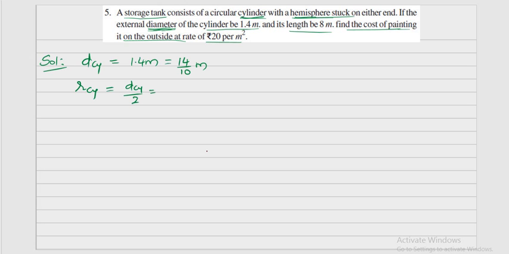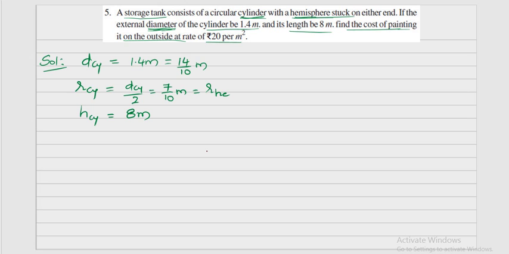So 14 by 10 divided by 2, I am going to get 7 by 10 meters. This radius of cylinder is nothing but the radius of hemisphere also. So radius of cylinder is equal to radius of hemisphere. Next, height of cylinder is given as 8 meters. So these are the things that are given.